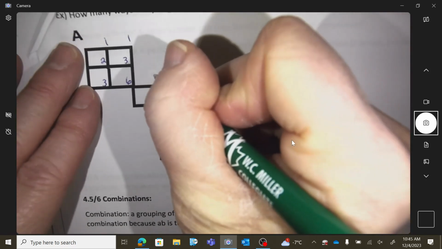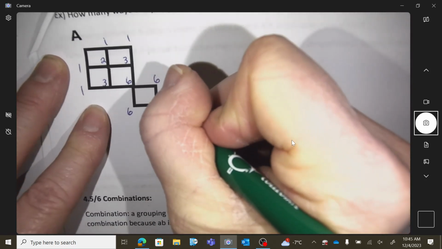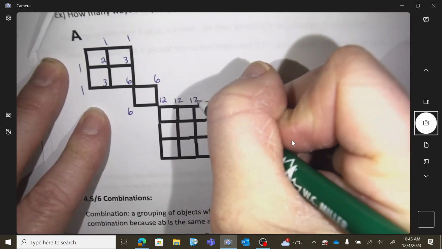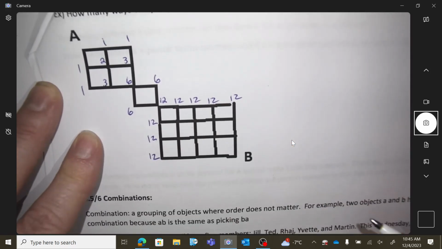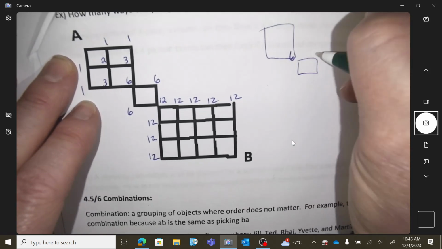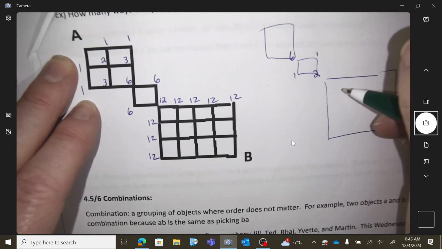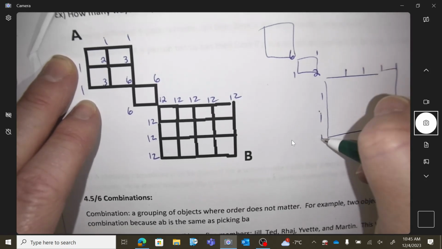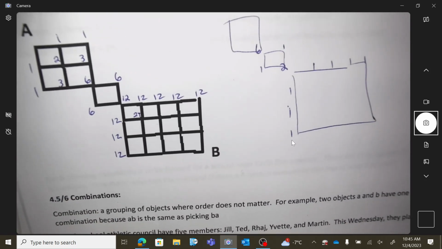So if you carried forward, it'd be a 6 and a 6, which would make 12. Then you would carry the 12 forward. Okay, so keep adding. Keep going.